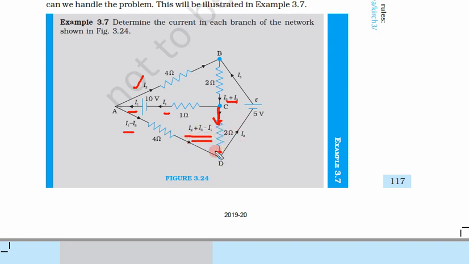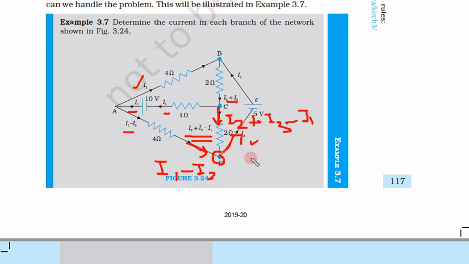Also we can verify at point D. So at point D, how much current is coming? I1 minus I2. From this side, how much current is coming? I2 plus I3 minus I1. So if these are two currents entering and this is the current leaving, these must be equal. So I3 current is leaving.